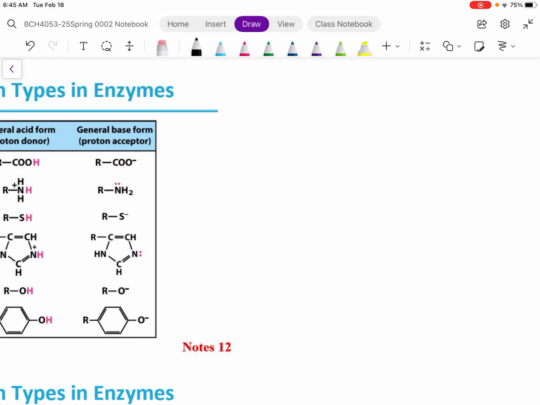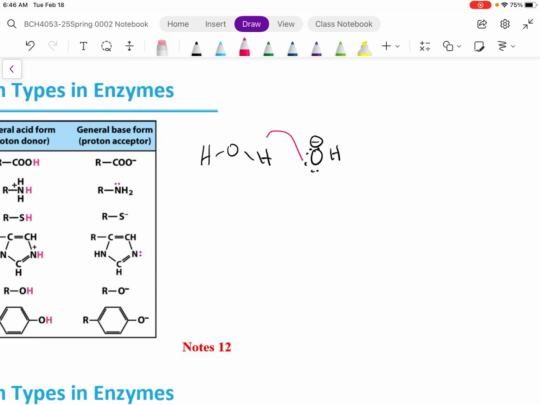Proton transfers are the most simple and most basic mechanism, and they are prominent in biology. They're happening all over the place. So if we look at a very simple thing, we would have what? Water and a base. And how does that happen?